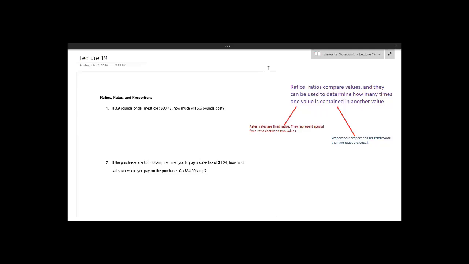You have two bananas and six apples. You can treat that like a fraction to reduce it, that'd be the same as saying there is one banana to three apples, which is also true. There's one banana for every three apples. Ratios are just ways to compare two different numbers or two different values of things.